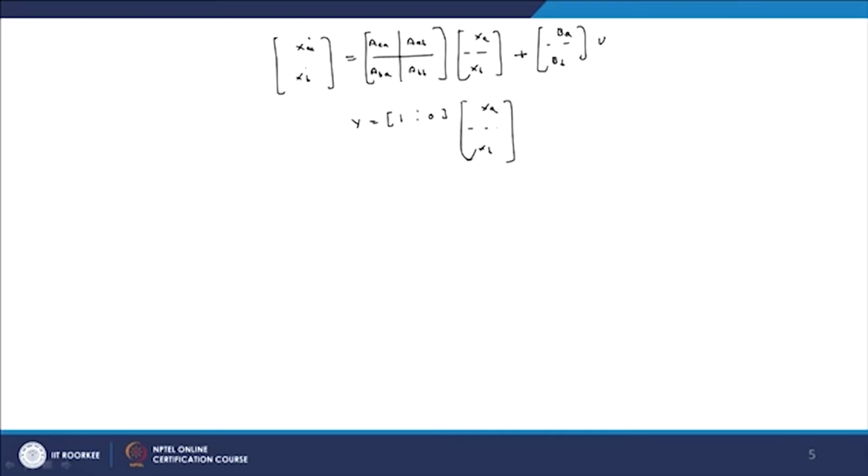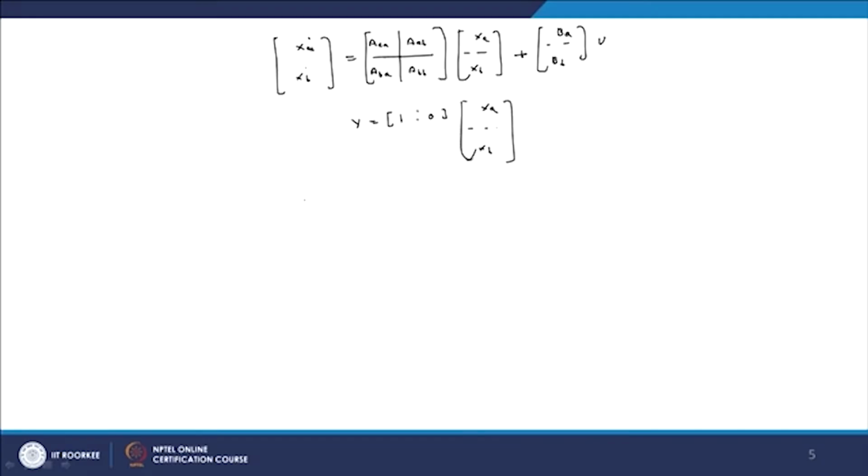So, in this particular system, we know y equals 1 times x a, that is the output, and the B matrix related to u has a BA part and a BB part, and this is x a, x b, and this is the A matrix.